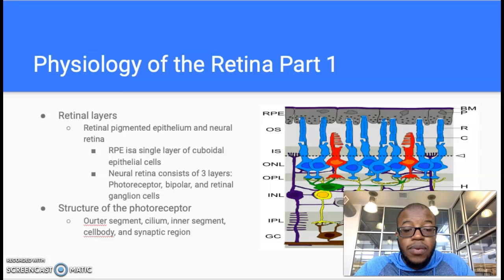The retinal pigmented epithelium, or RPE, is a single layer of cuboidal epithelial cells. The neural retina consists of 3 layers: photoreceptor cells, bipolar cells, and retinal ganglion cells.